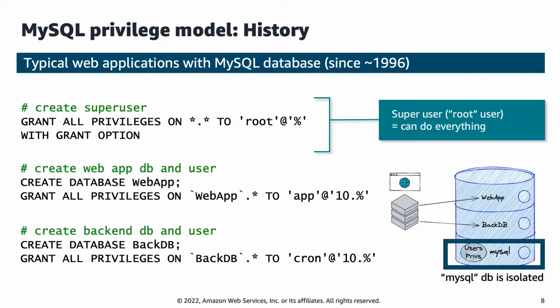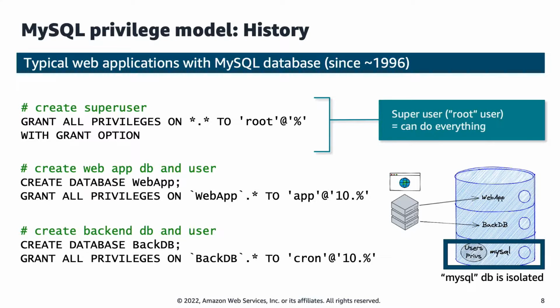Then we have 2 other users. The first user is for the front-end database. The second user is for, let's say, cron processing, like a background user. The MySQL database is isolated here because our 2 users don't have access to that.